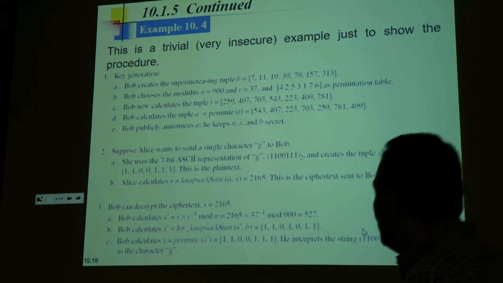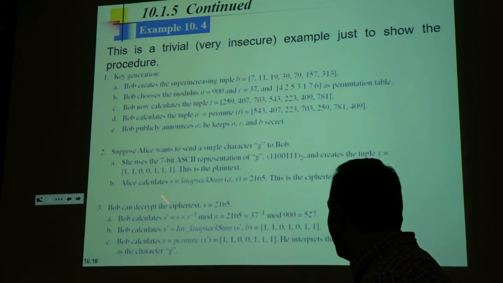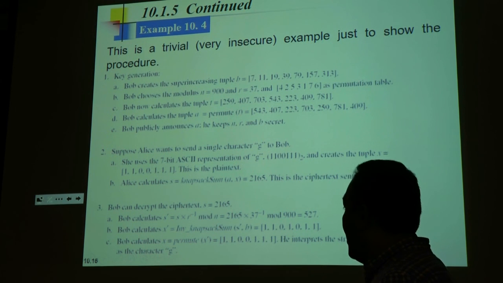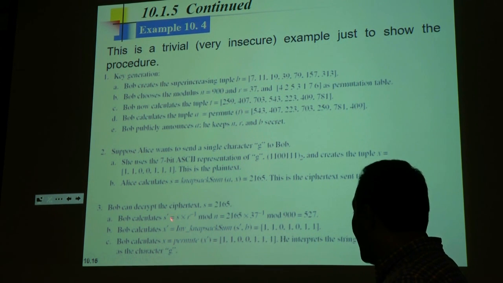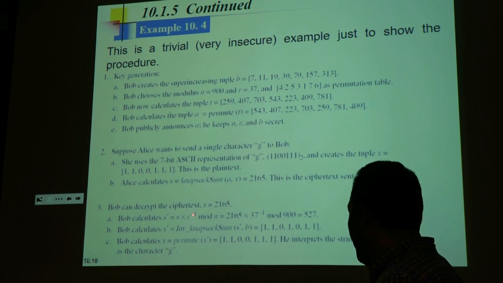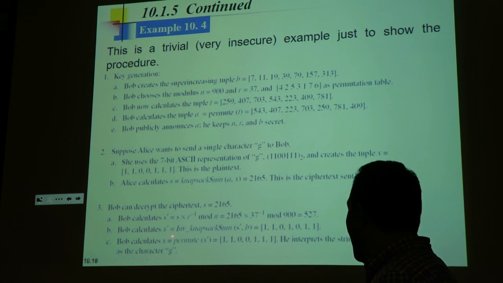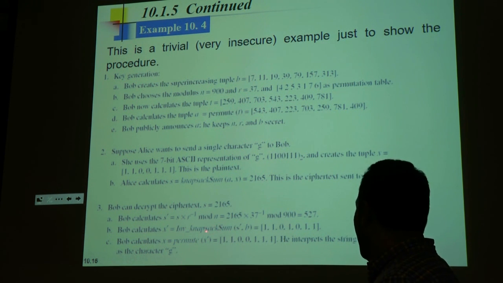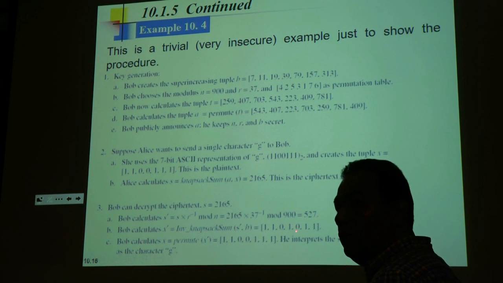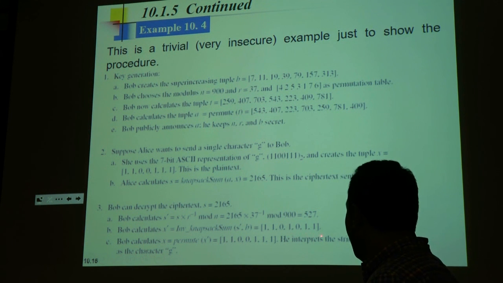Now at the receiver, Bob can decrypt the cipher 2165. Bob calculates S prime, which is S times R inverse mod N. It will give you 527. Bob calculates the X prime, which is the inverse knapsack sum, and it will give you this matrix.